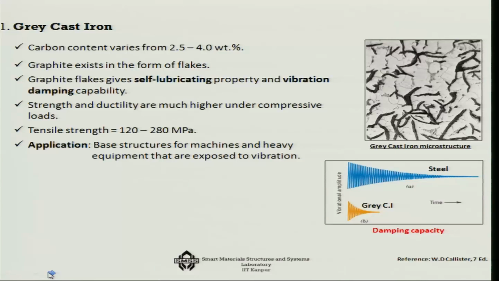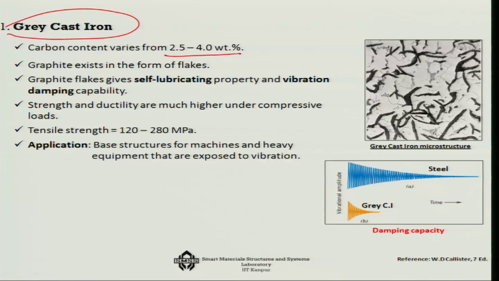The first one that we should see, from a vibration application point of view, is the grey cast iron. It has a carbon content which varies from 2.5 to 4%, and remember, this is a high carbon content we are talking about.